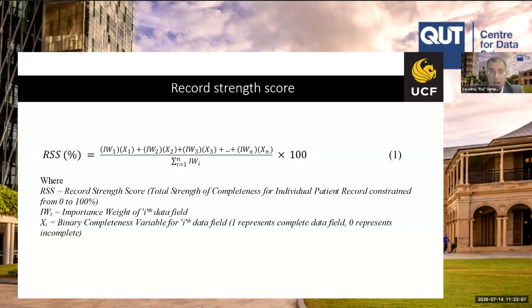IW1 is the weight of that particular component of the electronic health record. What is the weightage? Is it 100% necessary or is it not necessary? For example, in the US, you may not have a first name, and that's fine.